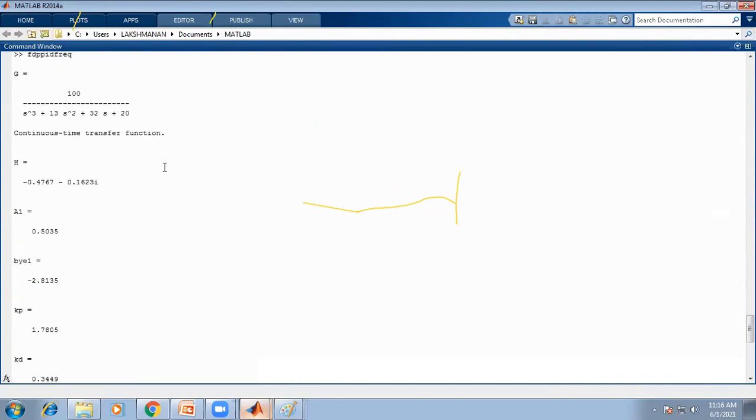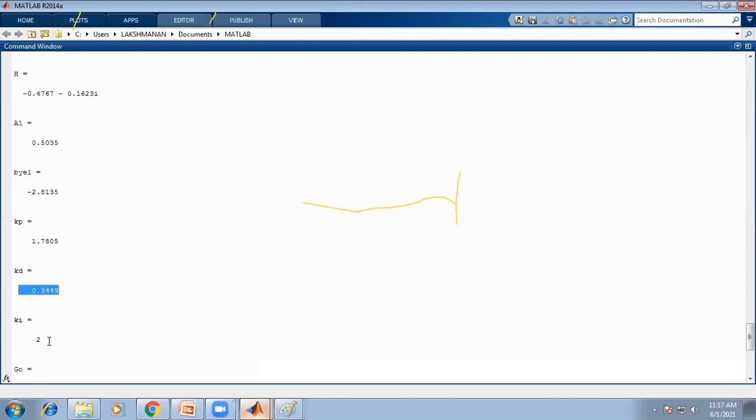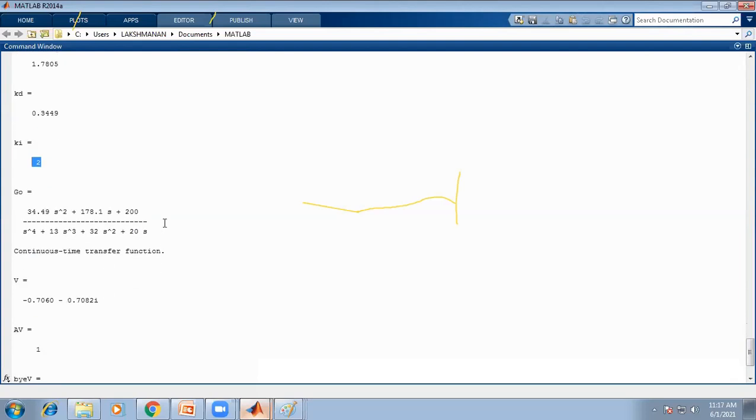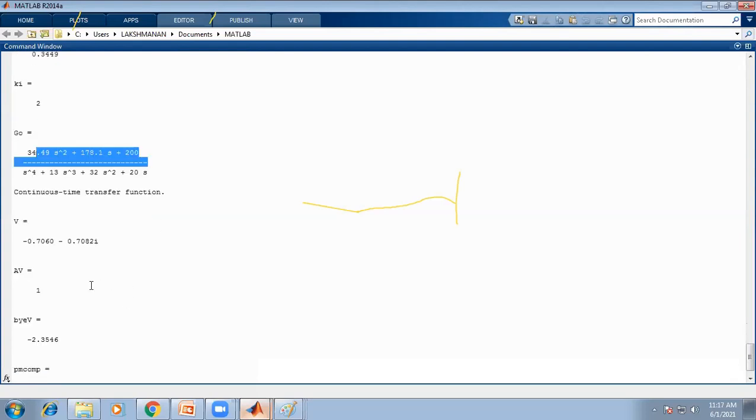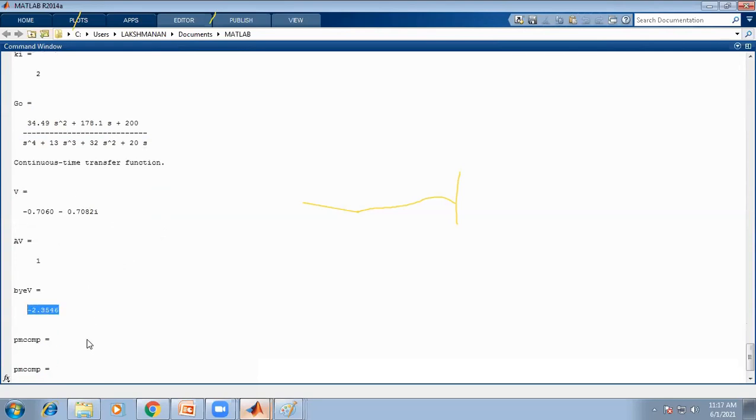Yeah, this is the transfer function of the PID controller design, that is G of S. Then H, after substituting omega equal to omega 1, then A1, phi 1, Kp, Kd, Ki, then output transfer, closed loop transfer function. Here I verified that magnitude is 1. Here minus 2.35. That is, angle is given, that is 0.78. So that is our design value.